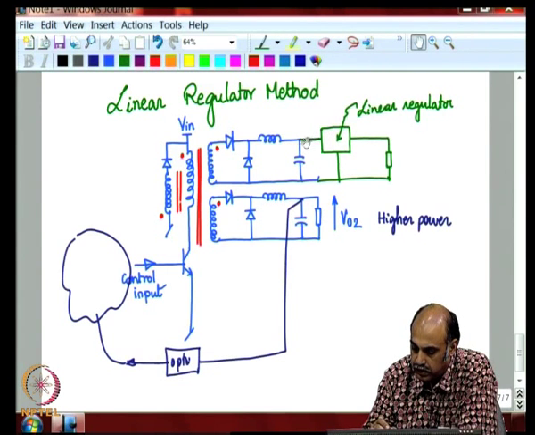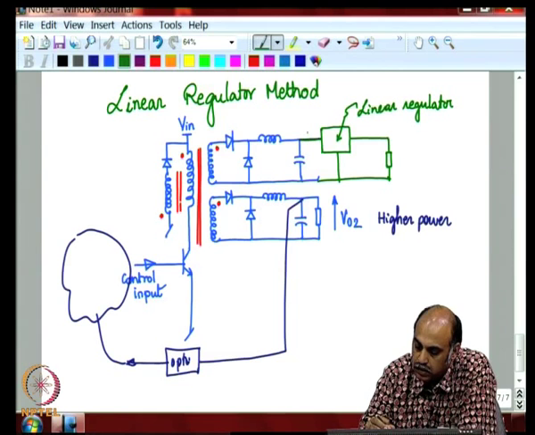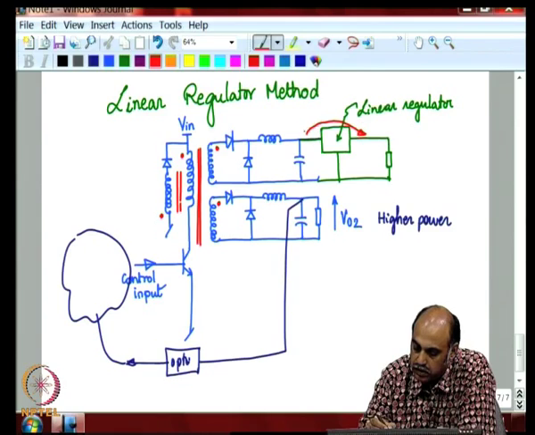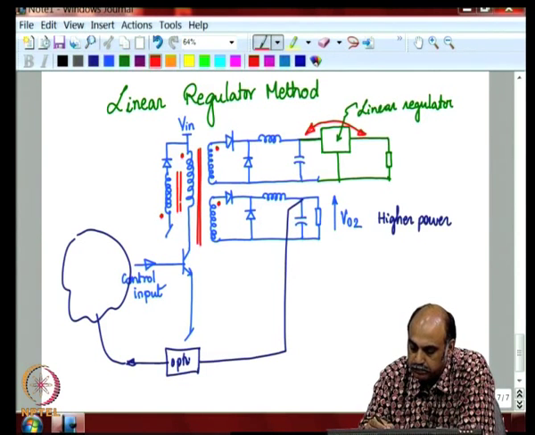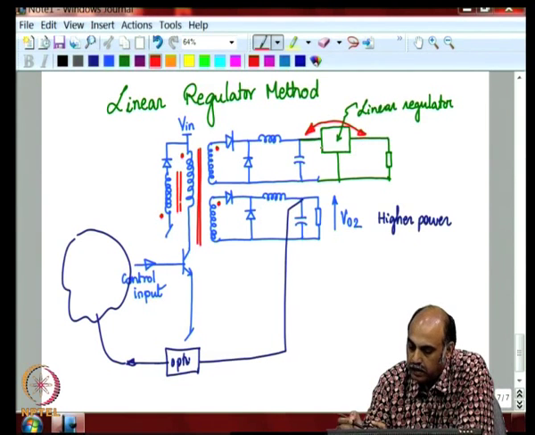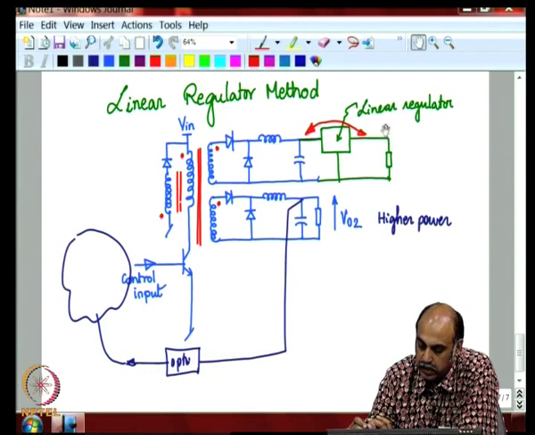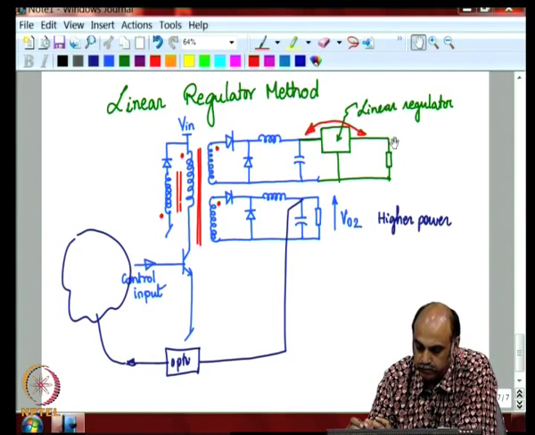It is only different by the amount of the regulation and this drop. So, the drop across the linear regulator is maintained at just a minimum, so that the loss is kept minimum, and further this is a low power side. So, this linear regulator does the job of regulating this unregulated portion and thereby providing a good regulated output here.